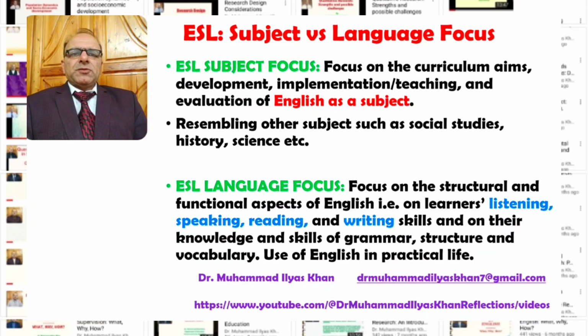The language focus generally aims at developing the abilities of ESL learners in the use of English in practical life. So these are the two main approaches generally. In educational contexts, one or the other approach is generally used, or in some cases there is a combination of these two focuses.